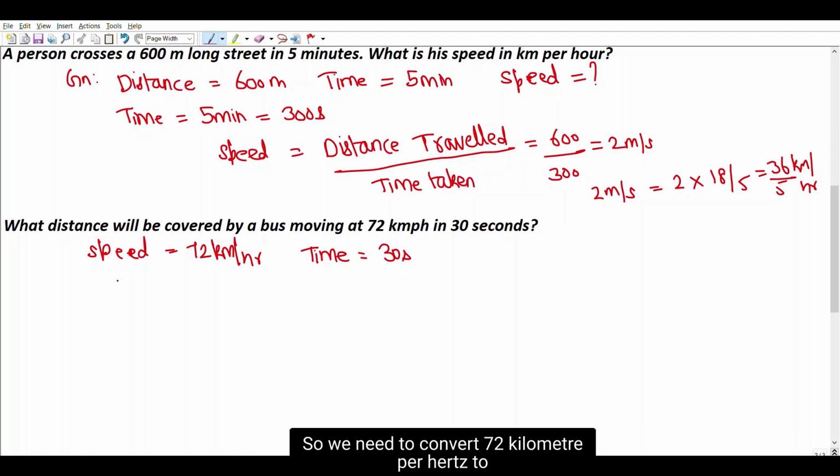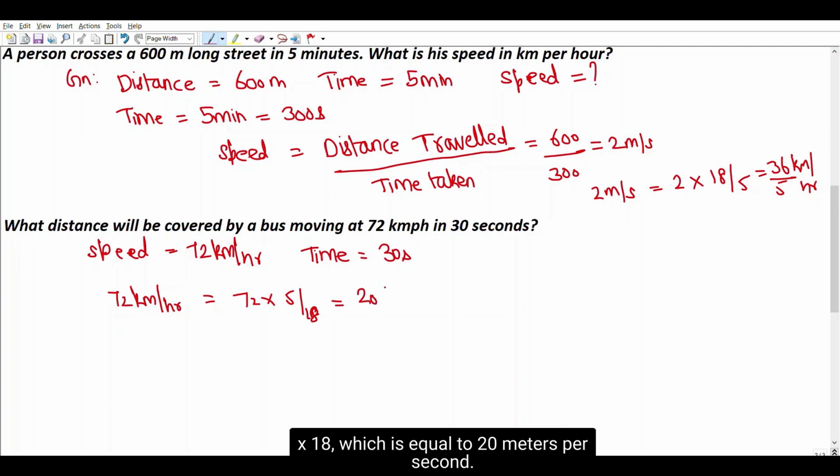So we need to convert 72 km per hour to meter per second, which will give me 72 into 5 by 18, which is equal to 20 meter per second. Now we found out speed in meter per second and we already know time in terms of second.